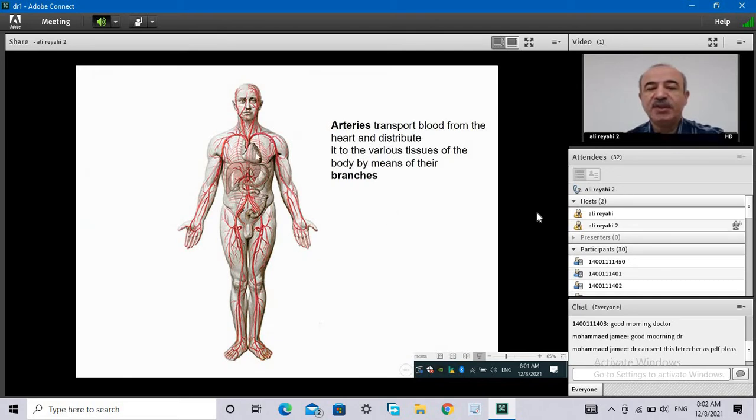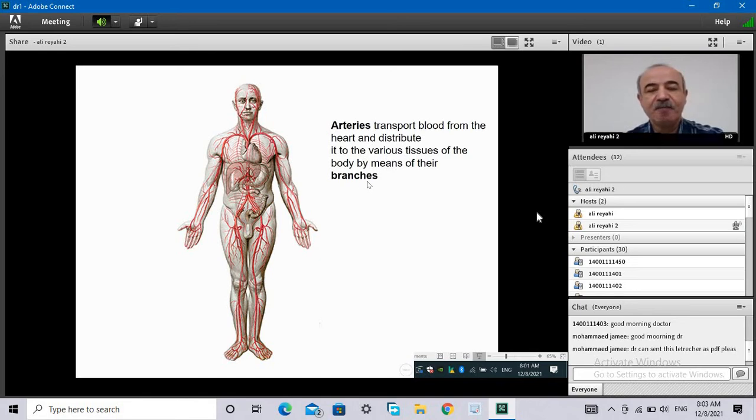This picture shows the arteries of the body. What is the meaning of the artery? The artery vessel transports the blood from the heart and distributes it to the various tissues of the body by means of its branches.